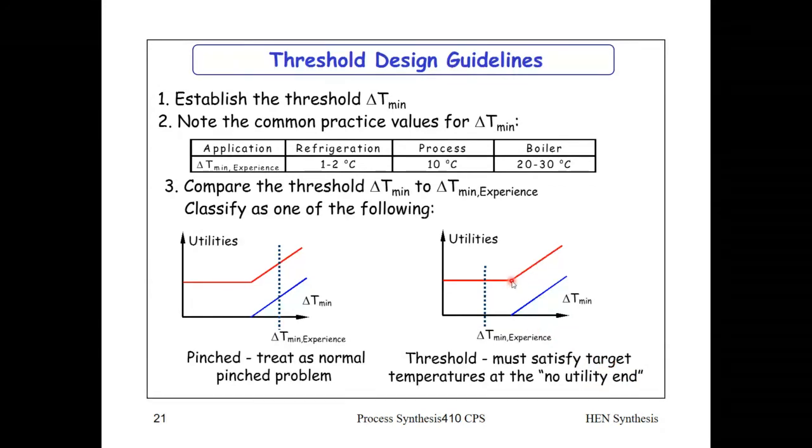So in other words, you will use delta T min as the threshold delta T min, because there's no sense going further along this line. You're simply decreasing your delta T in the heat exchangers. So you might as well use delta T min threshold, because there's no penalty in using more steam or anything like that.